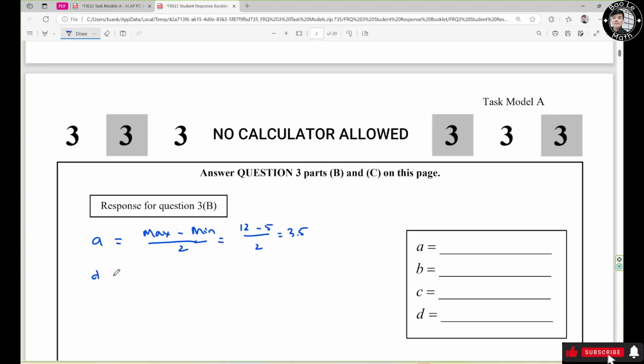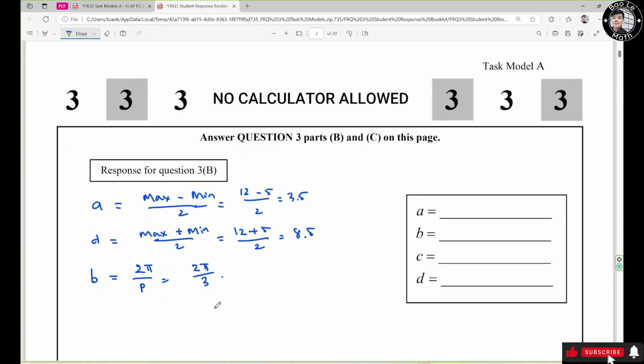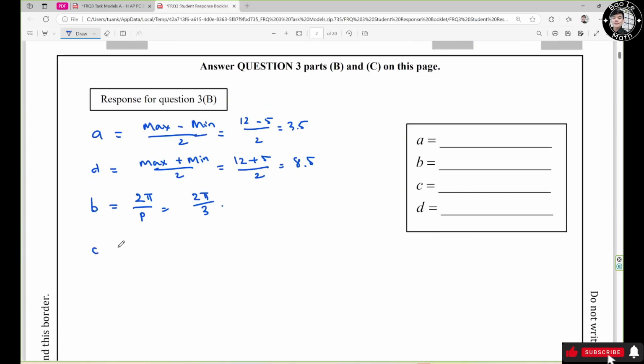Now, the midline D equals maximum plus minimum divided by 2. So it's going to be 12 plus 5 divided by 2. It's going to be 8.5, right? Now, next one, we're going to calculate B. B equals 2 pi divided by period. Period equals 3, right? So it could be 2 pi over 3, right? Now, C is the phase shift, right?